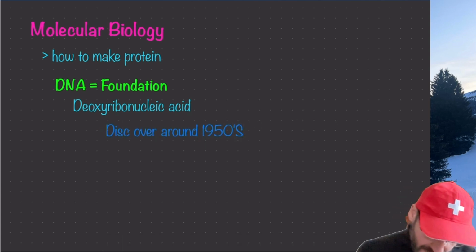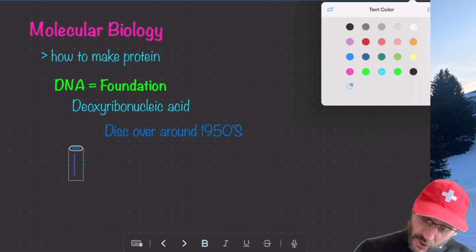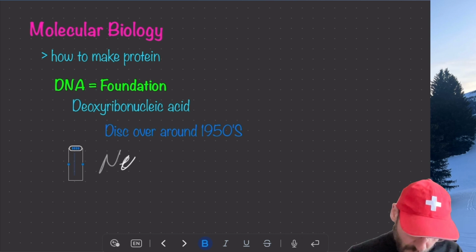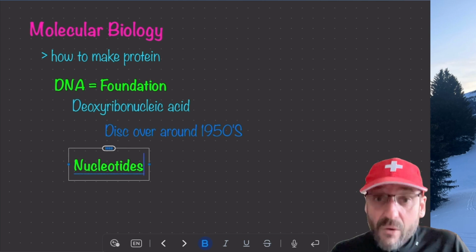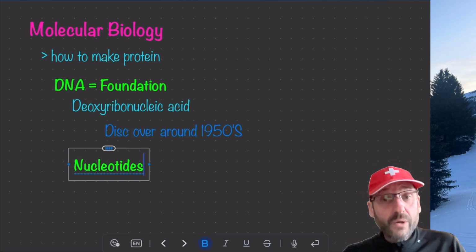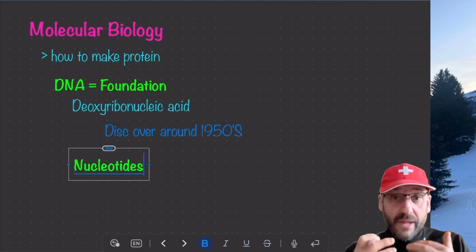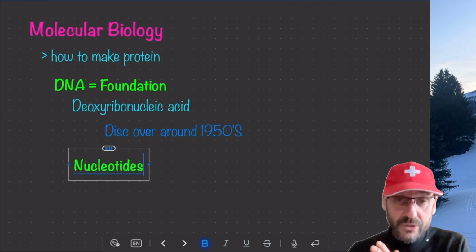Okay, and when we look deeper into the DNA structure, then we go very quickly into nucleotides. We've already touched on those a little bit, but let's now go deeper into the structure of those, and how they are assembled, and then from there we can talk about how we make the proteins.